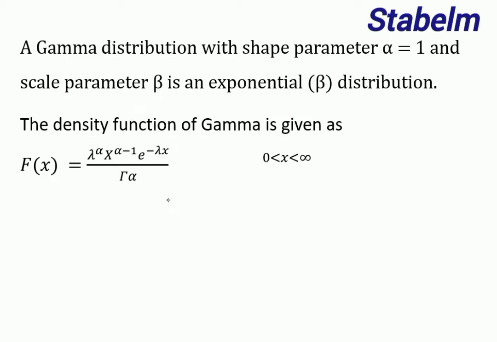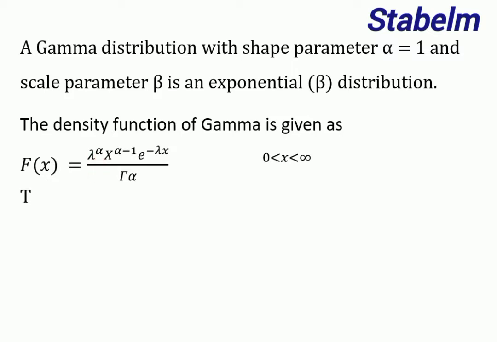If our alpha is set to 1, this gamma distribution will definitely become an exponential distribution. That is, this alpha here becomes 1, then we have 1 minus 1. This is going to be eliminated because everything here is going to be 1, and at the denominator side this is going to be 1, and everything divided by 1 will still give us that function. Lambda raised to power alpha will become ordinary lambda.